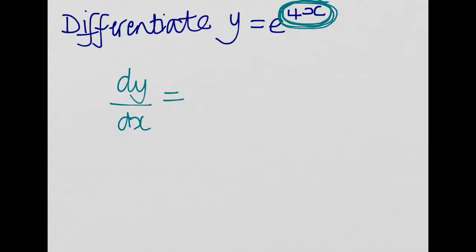So if I differentiate 4x, I would get 4, and that's what I'm going to multiply e to the 4x by, because e to the x differentiated is e to the x. So here we just multiply by the 4 and it remains as e to the 4x. So here this is 4e to the 4x is my answer. I'd suggest you copy that down and make sure you understand it. So this is a good point to pause and have a think. Check you get that before you move on to the next example.